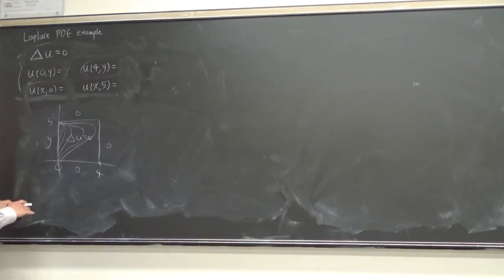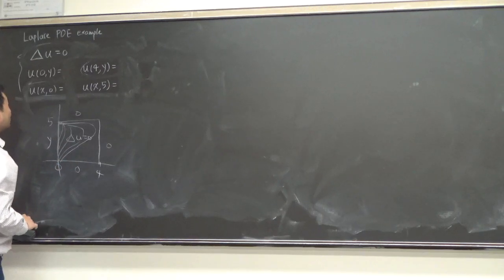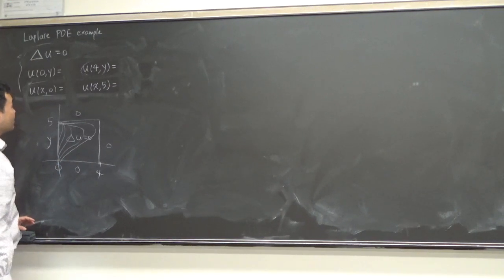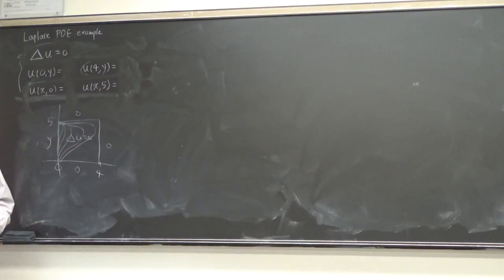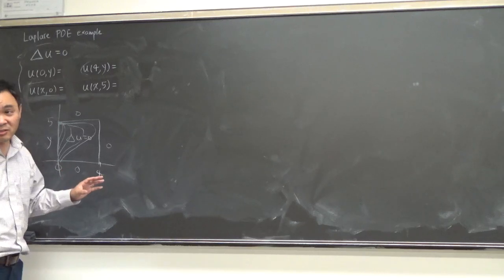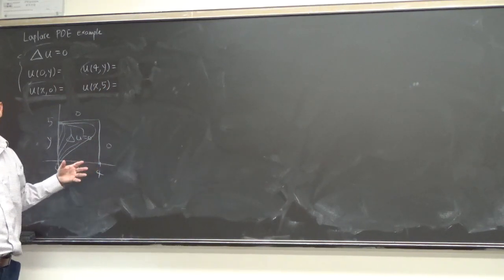But then what I want to talk about is how would you solve it if it's not the case that 3 of these are zeros? See, in all our examples, you saw how important it is to have at least 3 of these 4 boundaries being zeros, right?